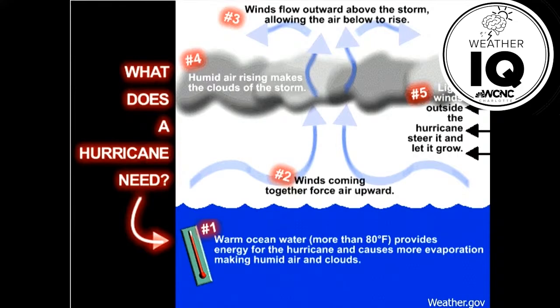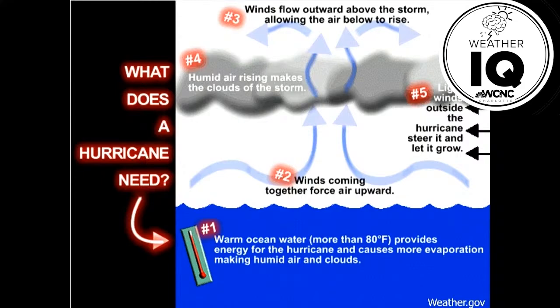So you have high pressure over top of that low pressure system, right? Of that hurricane. So high pressure over top allows the hurricane to basically fuel itself. It allows the winds to continue to go outward from the storm and then rise from below, right? So it allows it to sustain itself.